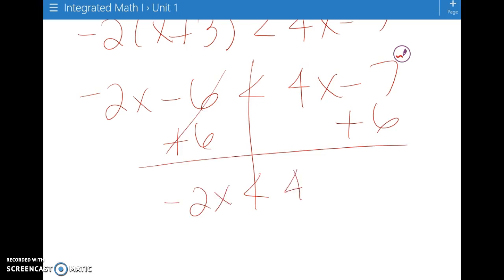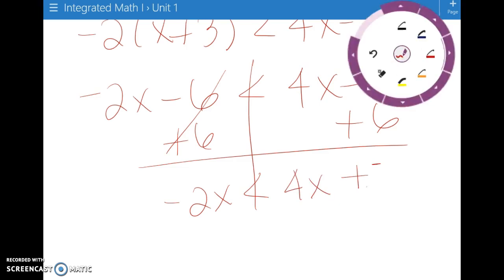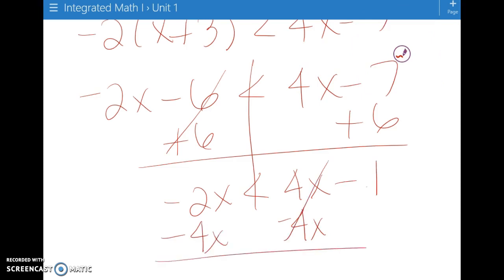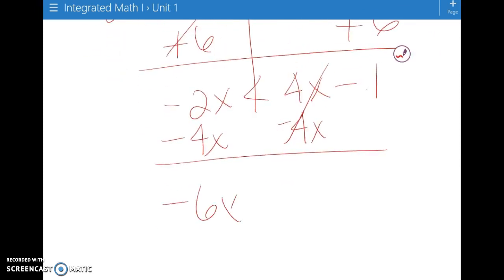Negative 2x is less than 4x plus negative 1, or minus 1. Now I need to get all my x's on the same side, so I'm going to subtract 4x, and I get negative 6x is less than negative 1.